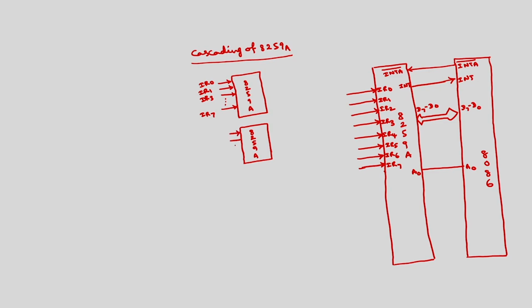Each also has 8 different IRs, IR0 to IR7. If I call this one number 1, this number 2, like this up to number 8, this also will have IR0 to IR7.